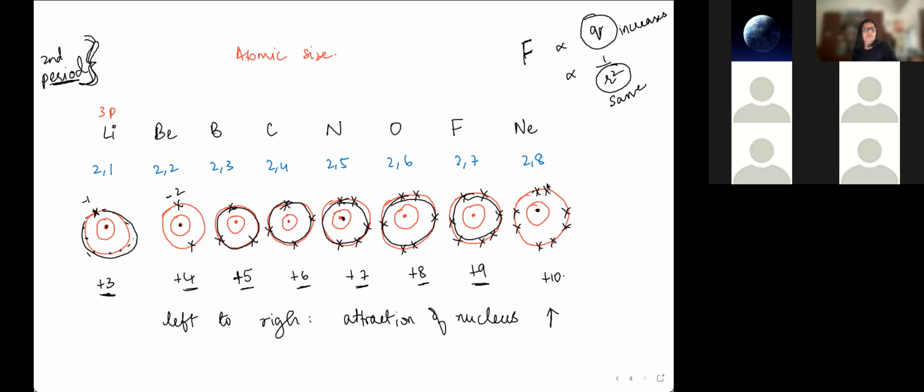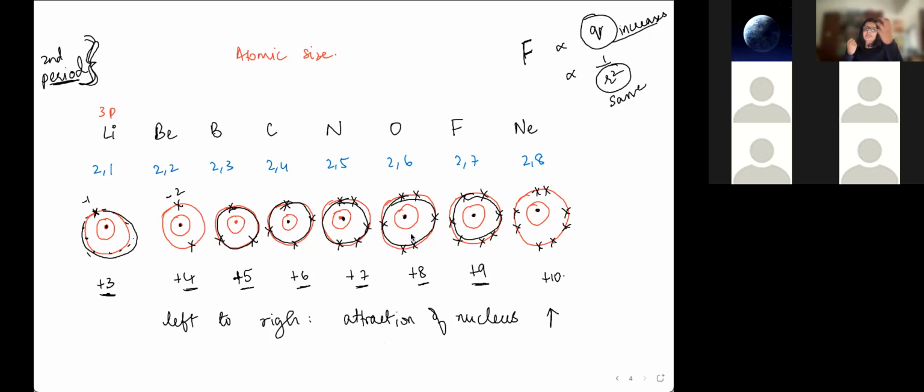But the force being exerted from the nucleus on the valence shell keeps increasing, like the charge keeps increasing, which means the total force exerted by lithium ka nucleus will be less than whatever oxygen ka nucleus is exerting. And then fluorine ka is even more.